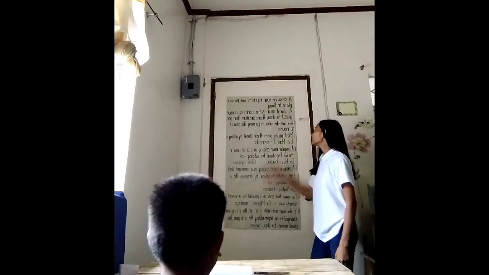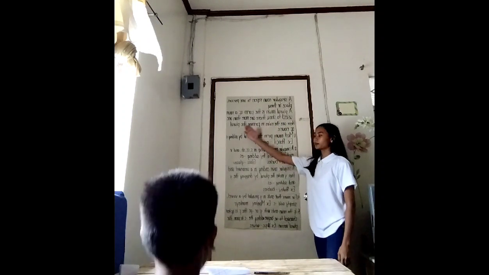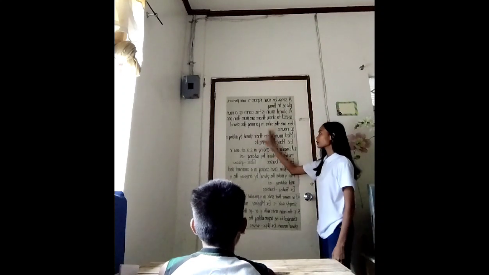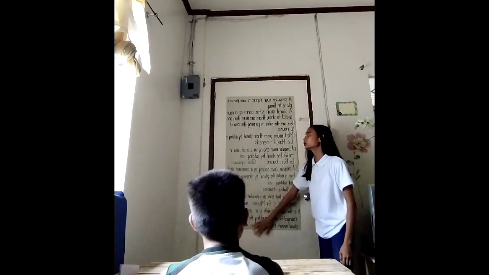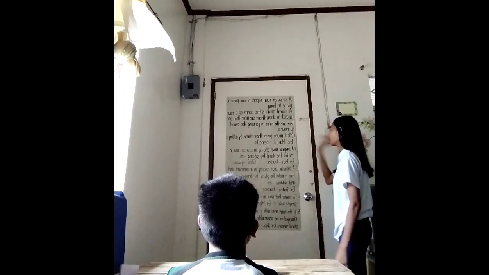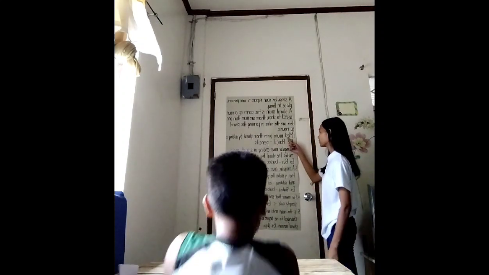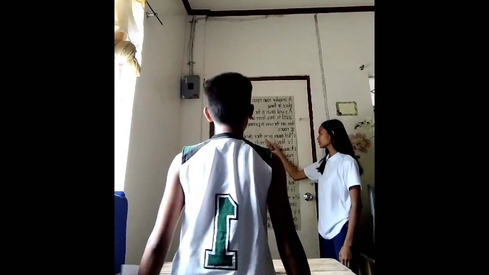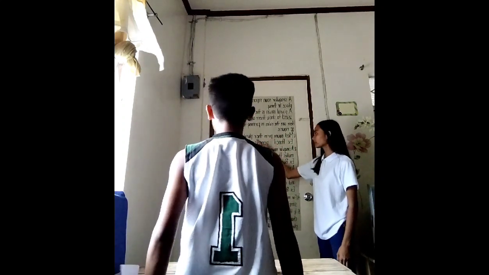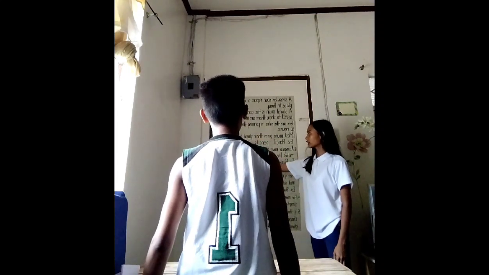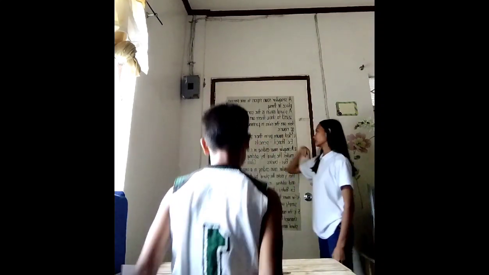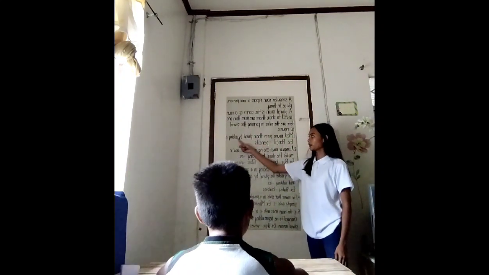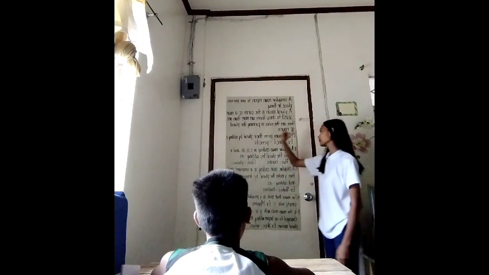Tama. So, here are the rules in forming the plural of nouns. Ito yung mga rules kung paano i-form yung plural of nouns. Number 1, can you read it? Most nouns form their plural by adding s.